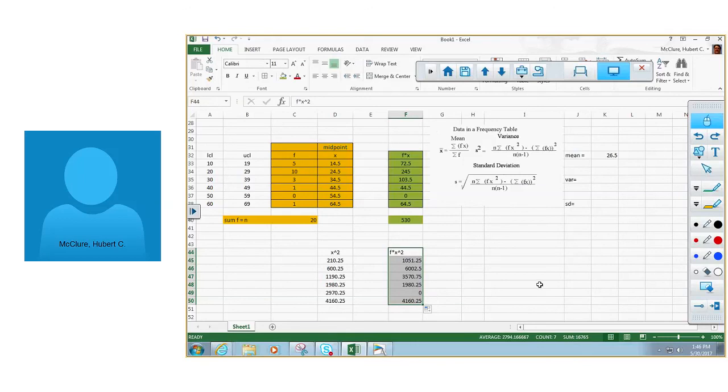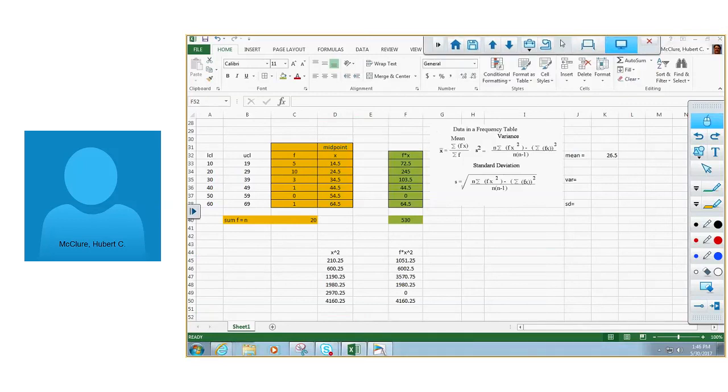Let me explain this thing first. Yeah, I learned that somewhere. Somebody told me that in the past. So now I've got n. There's n. I've got f times x squared. I got to sum it up. F times x squared, sum it up.